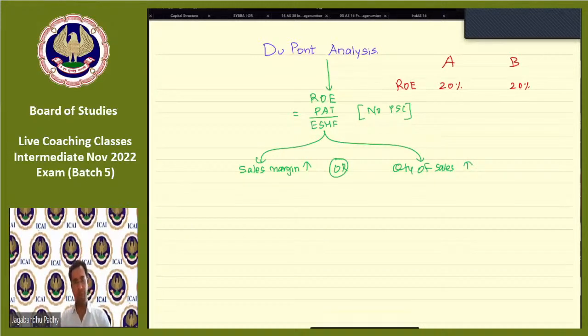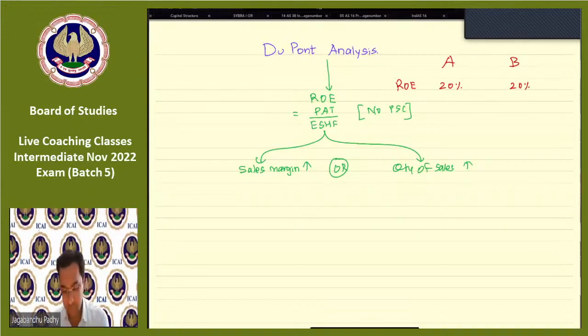Everyone agrees with me? If I want to improve my profit after tax, I need to either increase the profit margin per product, every unit that I sell, or I should sell more and more quantity. All of you agree with me? This is the only way by which I can improve my profit after tax. Yes or no?